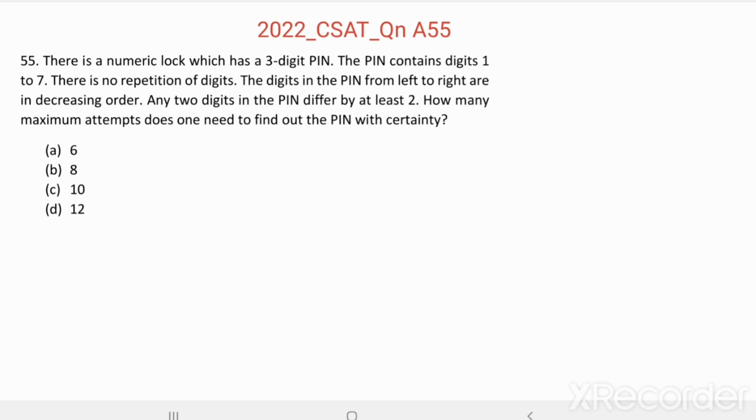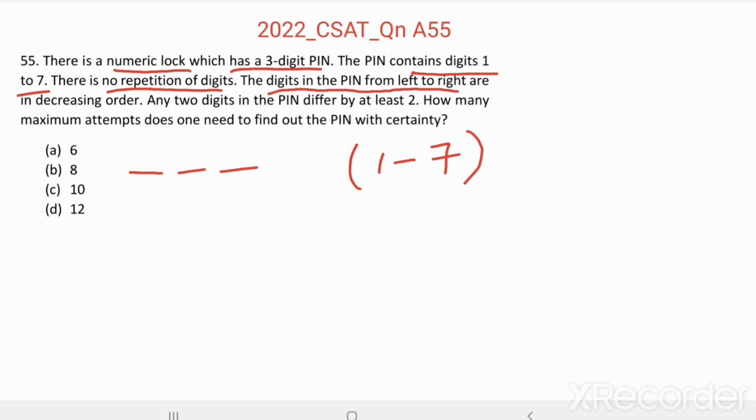So there is a lock, it has a 3-digit pin, its digits are taken from digits 1 to 7, no repetition of digits, the digits in the pin from left to right are in decreasing order, and any 2 digits in the pin differ by at least 2.